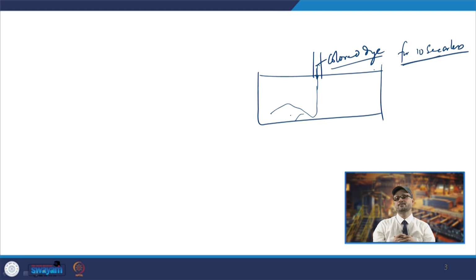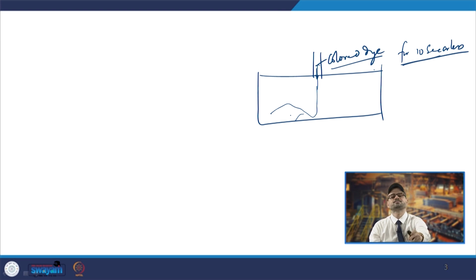Similarly, if something is taking more time, more than 2 or 3 or 4 times the theoretical mean residence time, then we call it the dead component. So, if it goes into a certain zone, it gets trapped and takes a large amount of time to come out, then it is a dead component. So, that we will discuss, we will see.